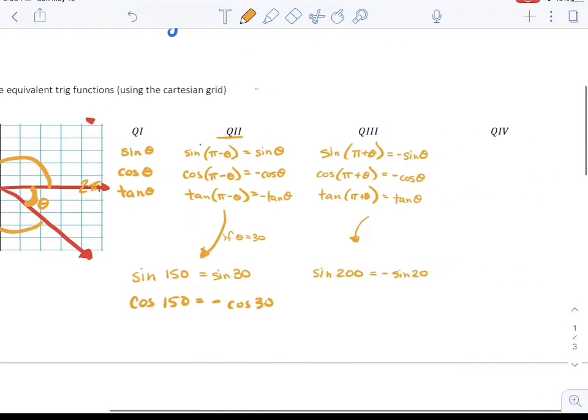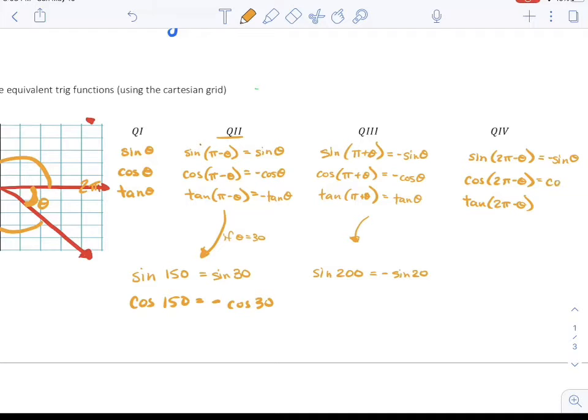So I'm going to put those ones over here. So I want to know about sine 2 pi minus theta. I want to figure out an equivalent expression for cos 2 pi minus theta, and tan 2 pi minus theta. What are they equivalent to? Well, in the fourth quadrant, sine is negative, so it's equal to negative sine theta.